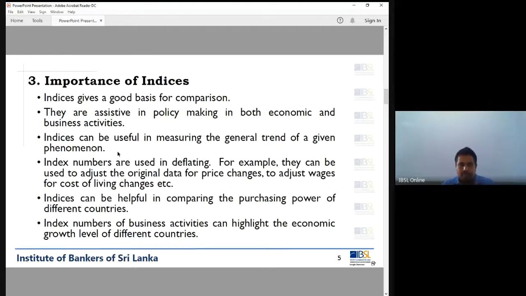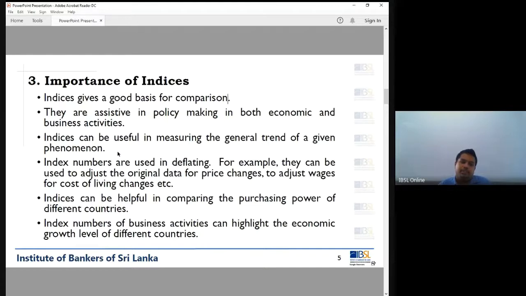You may just see a nice upward or downward trajectory depending on the companies' earnings. So for a given time period, let's say 5 years or 10 years, indices can be very useful to understand the general trend, whether you are seeing an upward or a downward trend. It's similar to what we discussed on regression. You plot these different points, do a best fitting line and see what sort of upward or downward trend we are looking at.